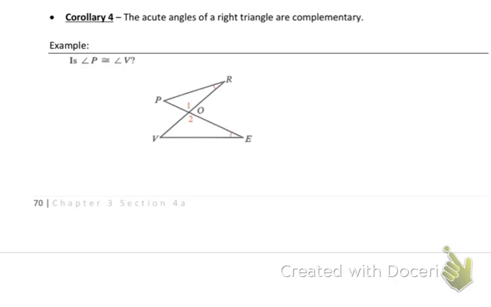So we're going to use corollary 1, because corollary 1 of 3.11 says that if I know two angles are the same in both triangles, well, I know E and R are the same, and I know that 1 and 2 are the same, so that means the third ones must also be the same. So that's just going to be corollary 1.